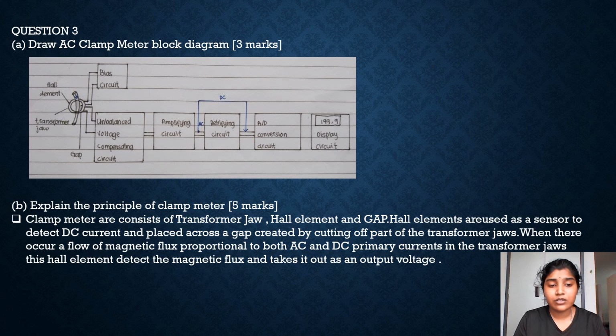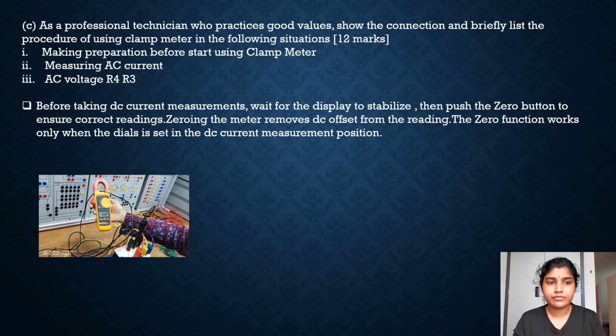When current flows, a magnetic flux proportional to both AC and DC primary currents occurs in the transformer jaws. These Hall elements detect the magnetic flux and take it out as an output voltage.